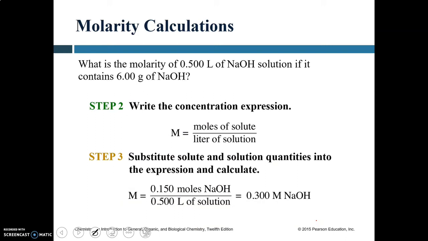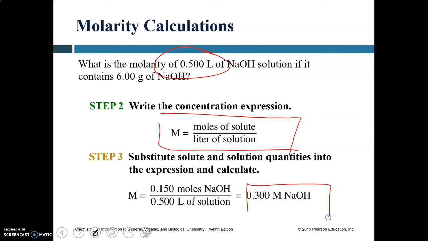Then write the concentration expression. Molarity is equivalent to moles of the solute divided by liters of the solution. So 0.150 moles of sodium hydroxide divided by 0.500 liters of the solution gives us the answer, 0.300 molar.